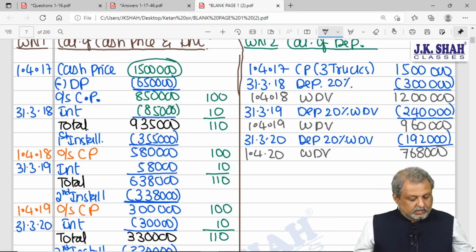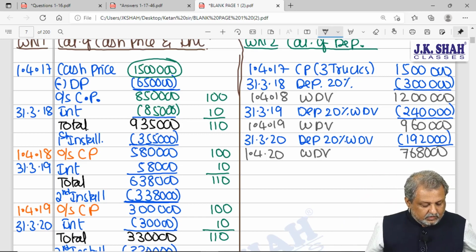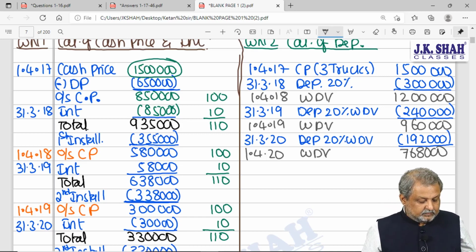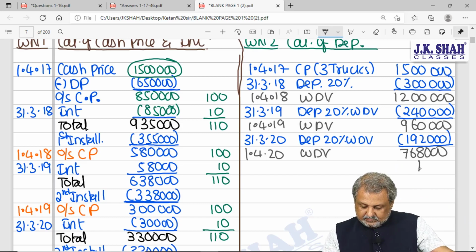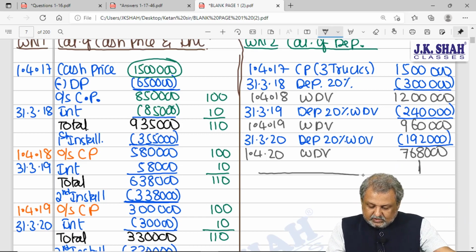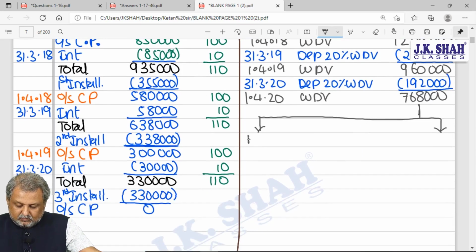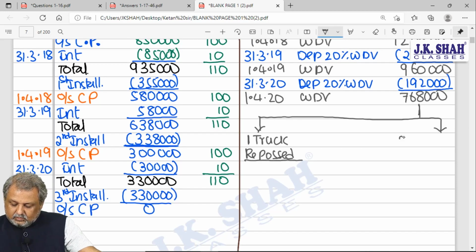Now out of that, how many trucks will he leave and how many trucks will he repossess? 1 truck repossessed, 2 trucks left.